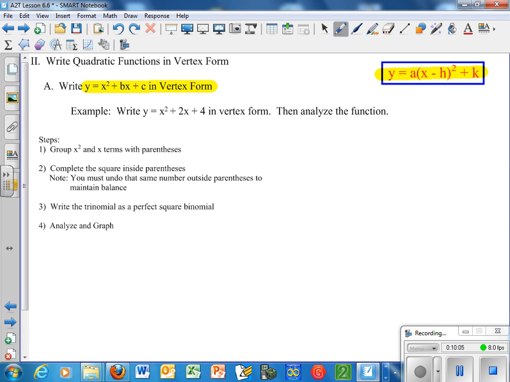So we're going to get it as a number in front of parentheses times a binomial, x plus or minus something inside parentheses with a square on the outside, and then we're going to have a number after it, if there is a number. If not, it sometimes ends up being 0.